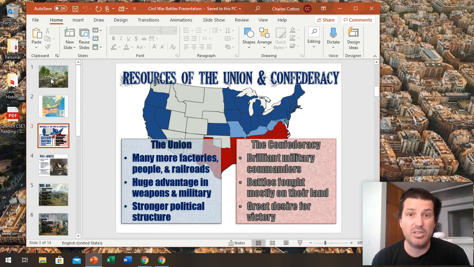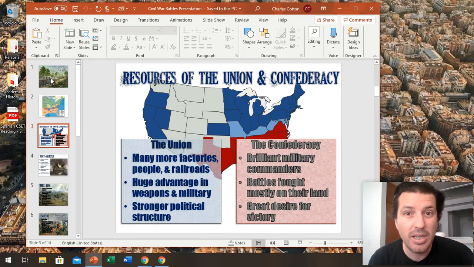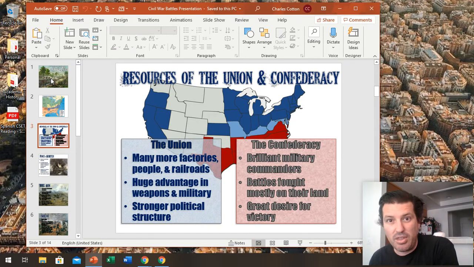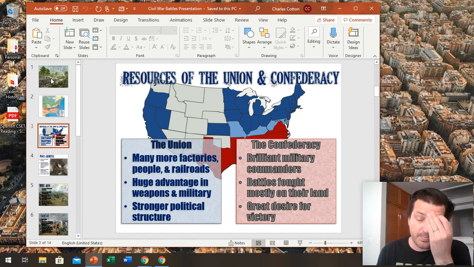They had more weapons because they had more factories to produce more weapons. Okay. They had a stronger political structure, which meant that, in terms of logistics and organization, they could get money, supplies, everything to their troops.